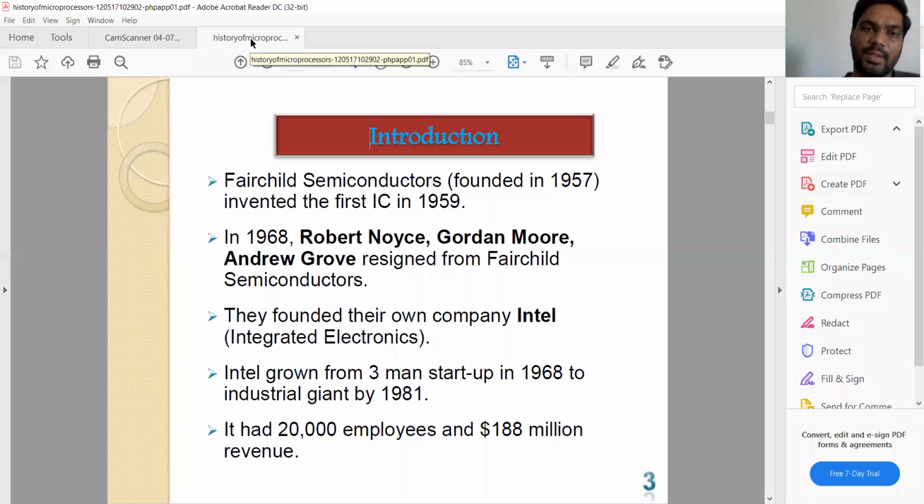In 1968, Robert Noyce, Gordon Moore and Andrew Grove resigned from Fairchild Semiconductor. These were the persons working in Fairchild when it was established, and after working for some period of time, in 1968 these three people resigned from Fairchild Semiconductors. They established their own company called Intel, Integrated Electronics.